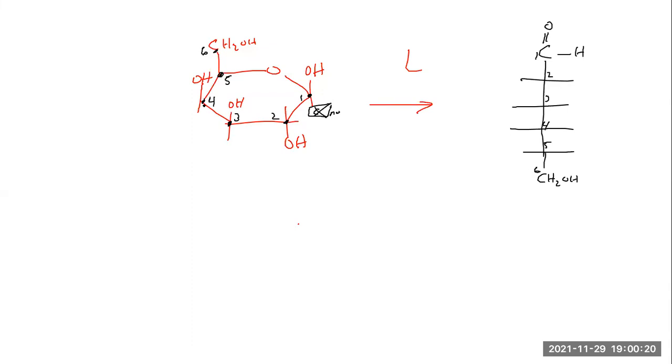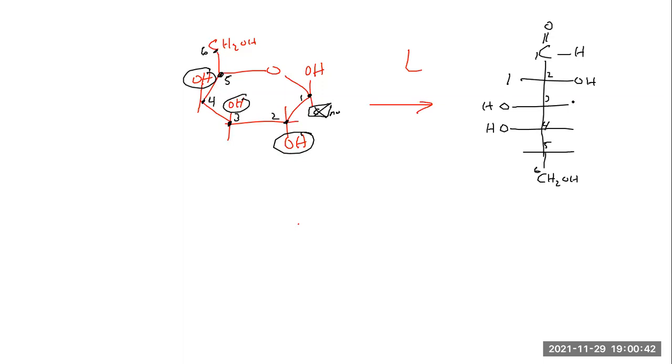Skip number 5 like normal. We go to number 4. We see that it is up, which means it should be on the left-hand side, carbon number 4. We see again at carbon number 3, it is up, so it also should be on the left-hand side. We see carbon number 2, it's down, which means it should end up on the right-hand side.